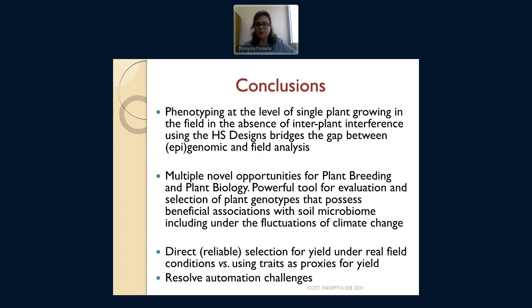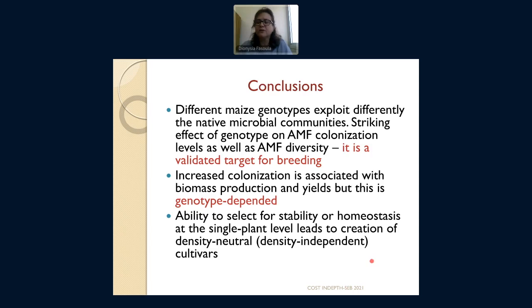It is possible to perform direct and reliable selection for yield under real field conditions, as opposed to using various physiological or biochemical traits as proxies for yield. And this approach also resolves automation challenges in planting.